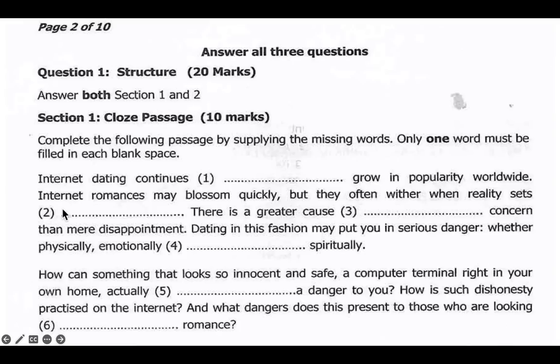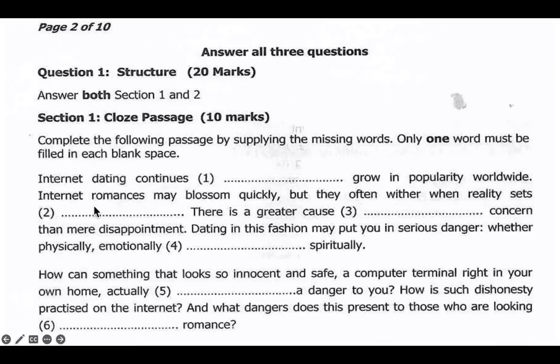Internet romances may blossom quickly, but they often wither when reality sets in. There is a dash there. Even when you are reading continuously, you are able to feel the word that should be applied.